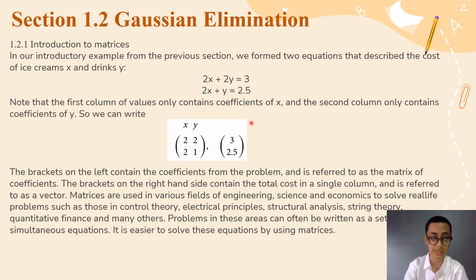So we can write it like this. The bracket on the left contains the coefficients from the problem and is referred to as the matrix of the coefficients. The bracket on the right-hand side, this one, contains the total cost in a single column and is referred to as a vector.